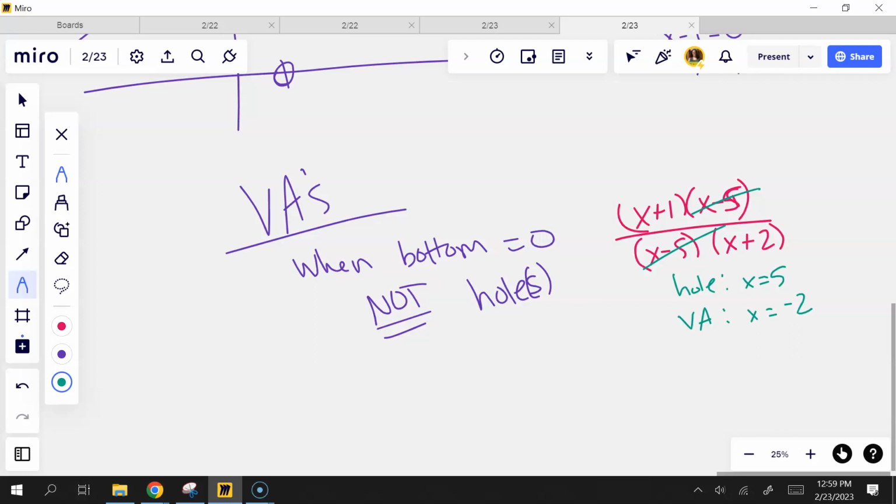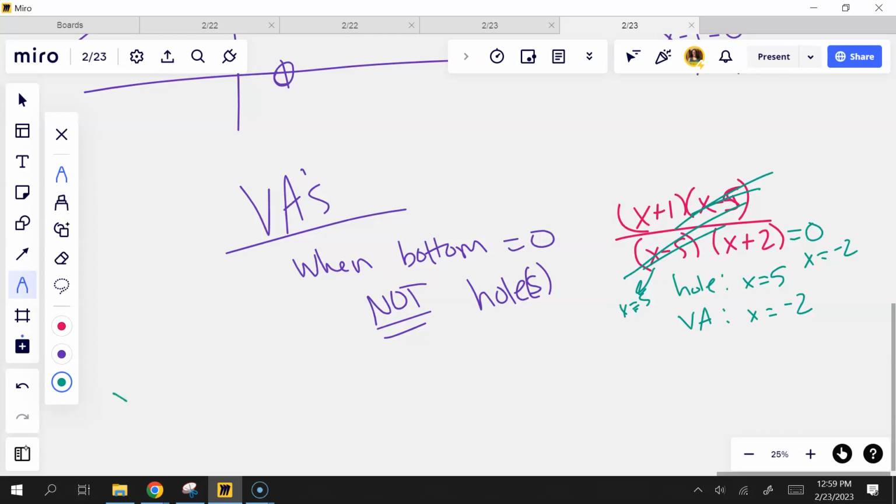Why is there a vertical asymptote at negative 2? If I set the bottom equal to 0, remember your zero product property. So I go x equals 5, x equals negative 2, but it can't be 5 because that's a hole. If there is no hole, they're both vertical asymptotes.